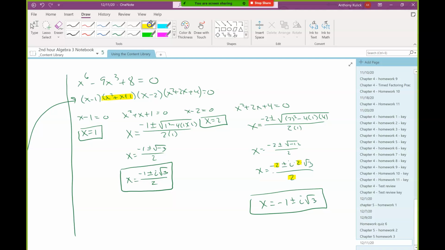Okay. Moving on to the next example. So it's already equal to 0, so I'm going to factor it. And then I can set each piece equal to 0 and solve them separately.